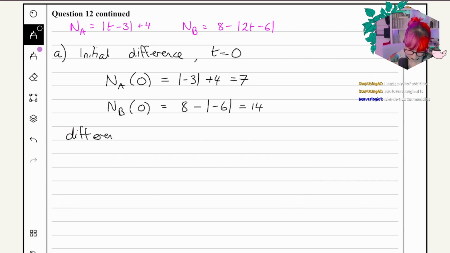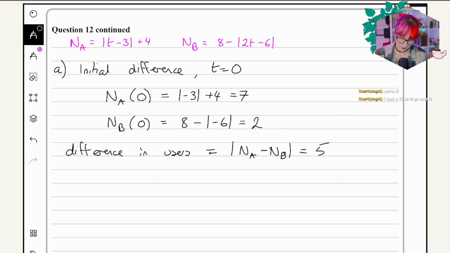Going back to the question at hand, we've now checked ourselves. We have modulus, the absolute value: if it's negative, switch it to a positive. So the −6 becomes +6, and 8 minus 6 is 2. So the difference in users is 5.